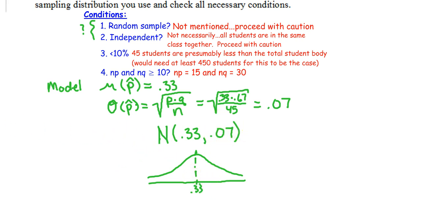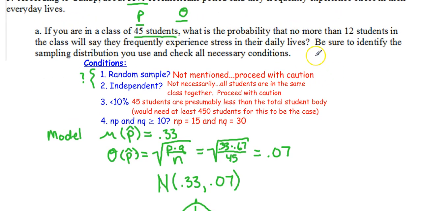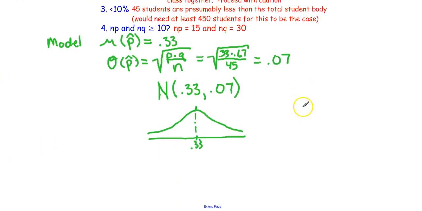So let's go back up. We can now calculate. We want to know what the probability is that no more than 12 students in the class will say that they frequently experience stress. So no more than 12, what we're really calculating is the probability that our particular p-hat is less than or equal to 12 out of 45.